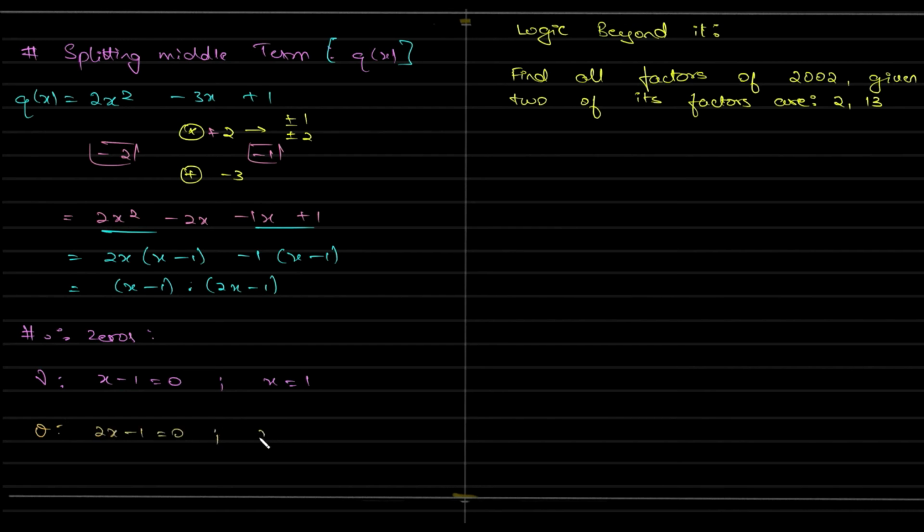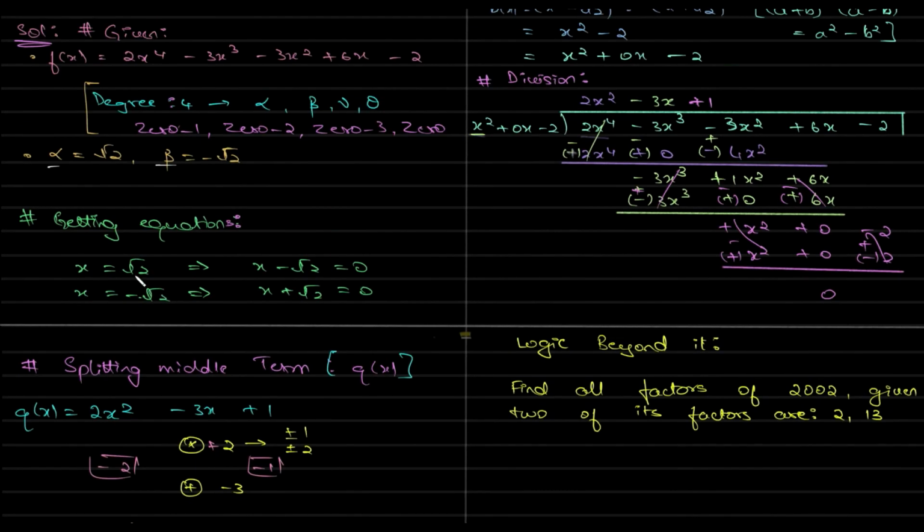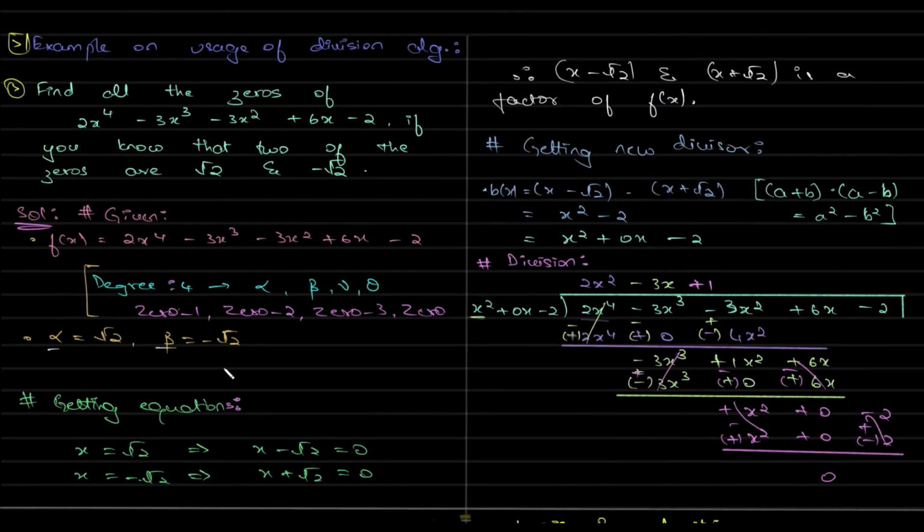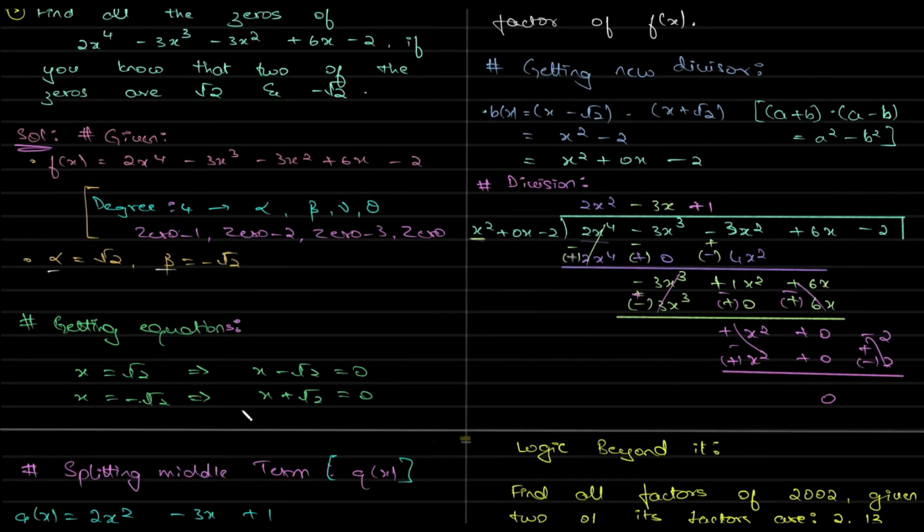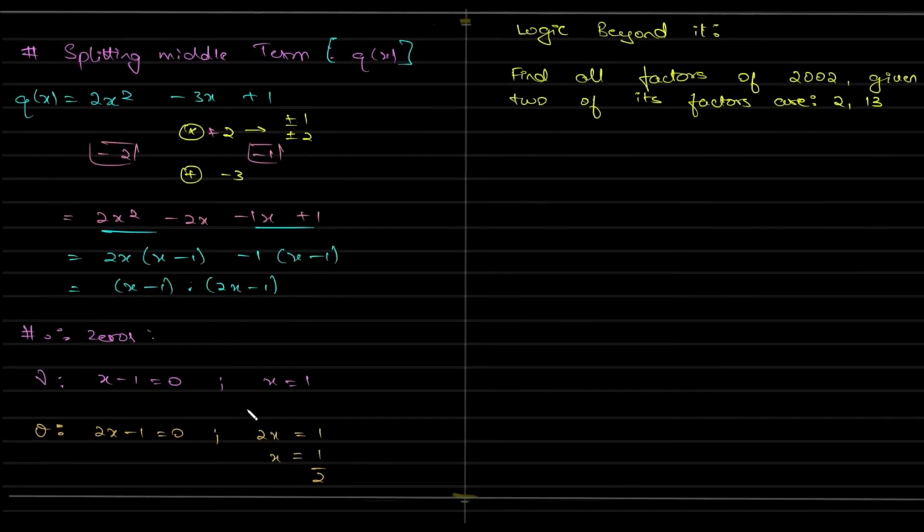Therefore 2x is equal to 1 and x is equal to half. So that is your fourth zero. So 1, half, root 2 and minus root 2 are your zeros of this particular polynomial. Quite simple. So I would like to end the big long question by looking at the logic.